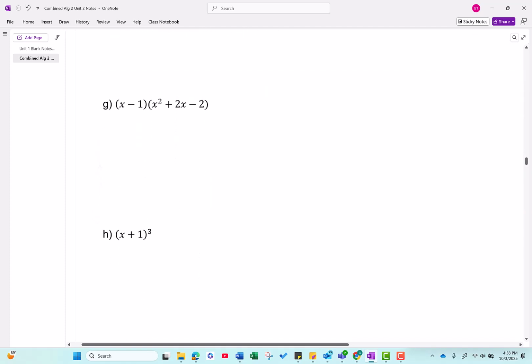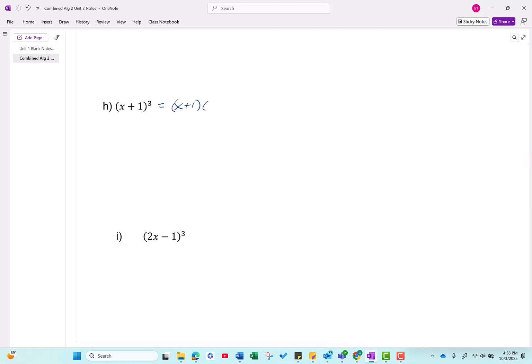All right. I'm going to skip G and just go to H just because it's a little bit different format. Same type of thing. Remember that this equals x plus 1 times x plus 1 times x plus 1. So I'm going to do 2 at first. This simply becomes x squared plus 2x plus 1.